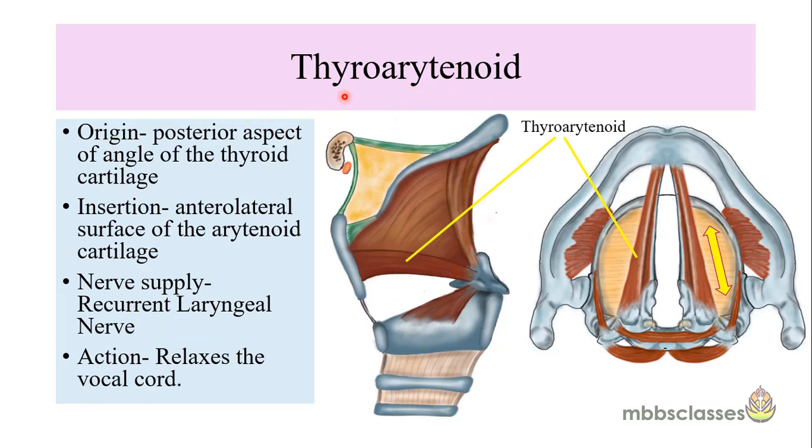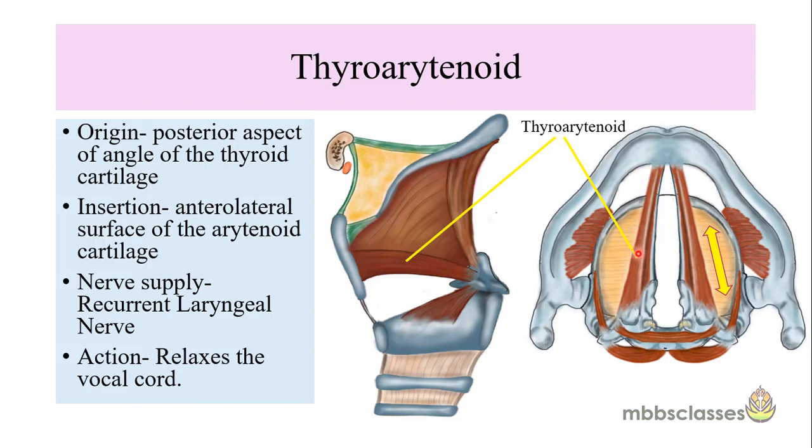Thyroarytenoid muscle. As the name suggests, origin is from the posterior aspect of the angle of the thyroid cartilage. This is the thyroid cartilage, it arises from the posterior aspect, and it will be inserted over the anterolateral surface of the arytenoid cartilage. That's why thyroarytenoid muscle. So this on the cross section is the thyroarytenoid muscle.